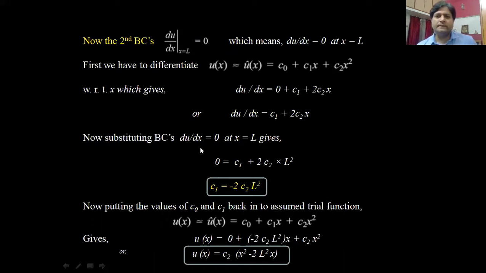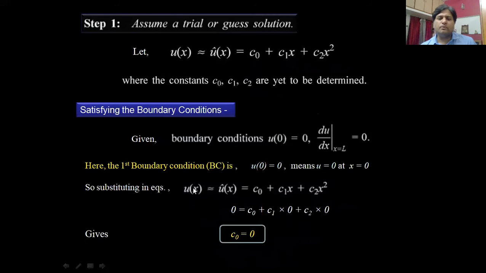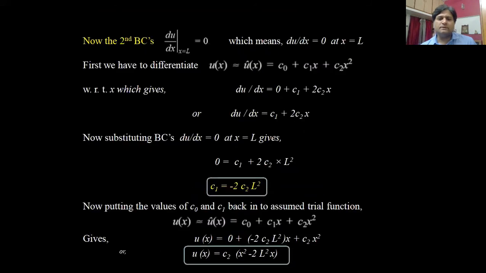Putting the boundary condition in this equation, we get c1 equal to minus 2c2L. Now we have the values of two constants, c0 and c1. Putting these back into our original expression, we get u(x) = c2(x² − 2Lx).